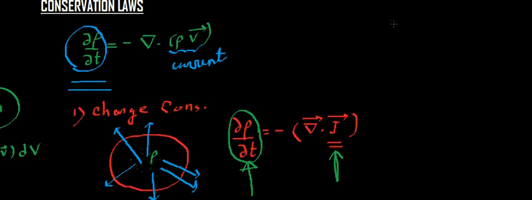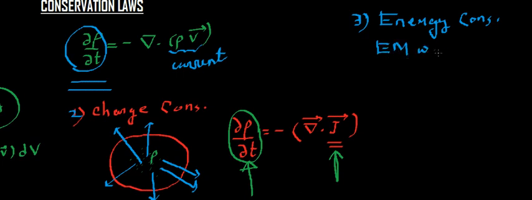Then there is one more interesting conservation law, that is the second. Third, there is a conservation of energy. There is a law that talks about conservation of energy, and we have talked about this in great detail in our electrodynamics lecture series, so I'll just give a quick review. Let's talk about EM waves. What do EM waves carry?